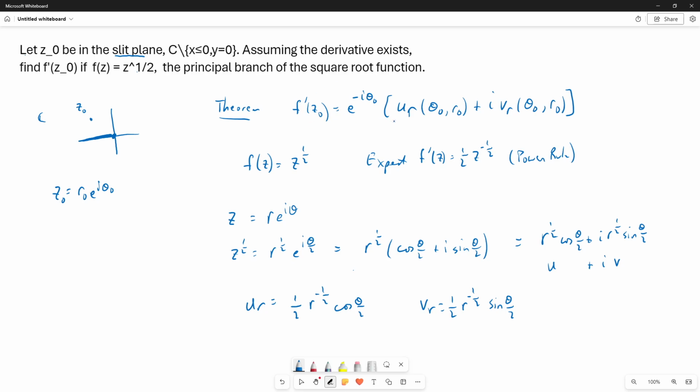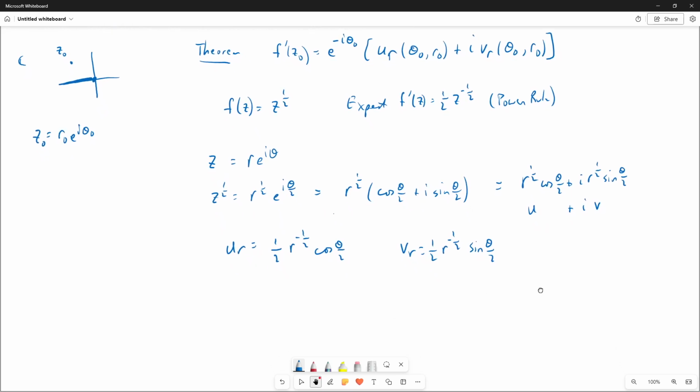Okay, so then the theorem says that the derivative of our function, f prime of z at a point z0 is e to the minus i theta 0 times u sub r. u sub r has theta and r in it, which we can think of as variables, but instead we'll pick the particular theta and r associated with z0.